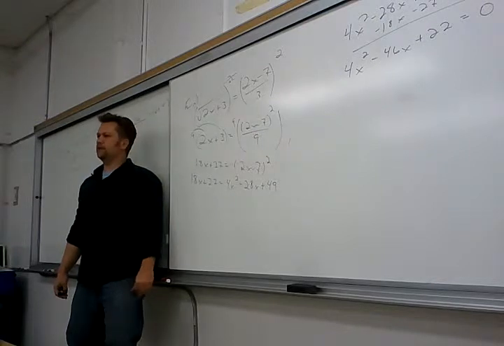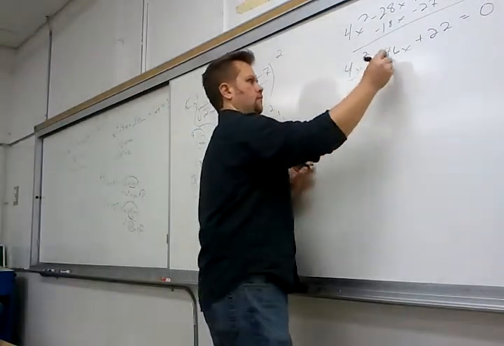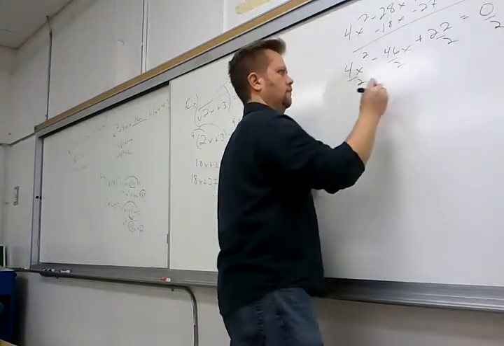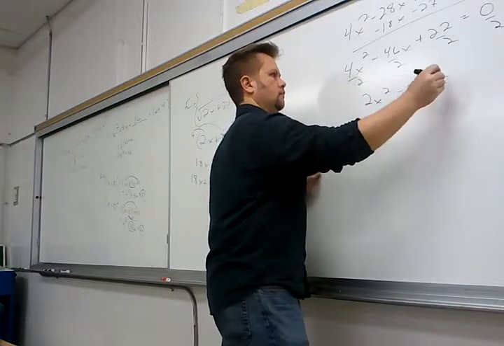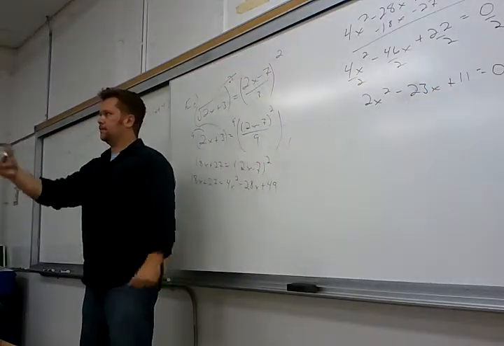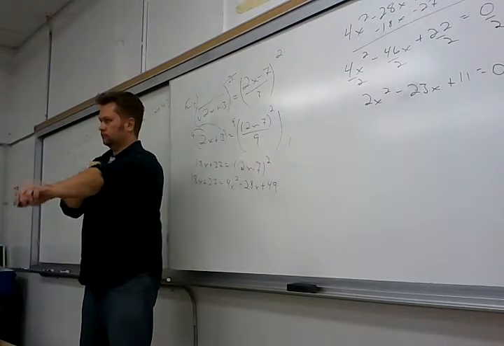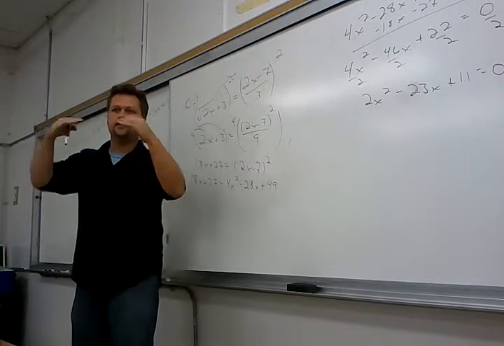Before you do that, what's something you can make? Yeah, you can divide everything by 2, right? Now you can do the 2 times 11 thing, right? Either way you can do it, but it's nice if the numbers are smaller.